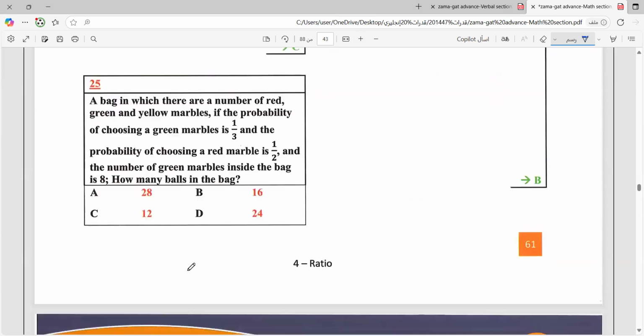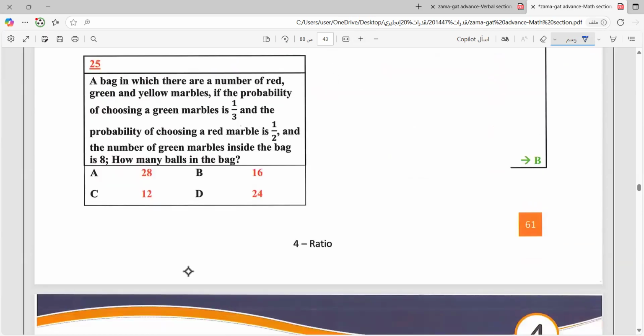So we have here the ratio green over whole. What is it? Green is a third, right? So we put a third.